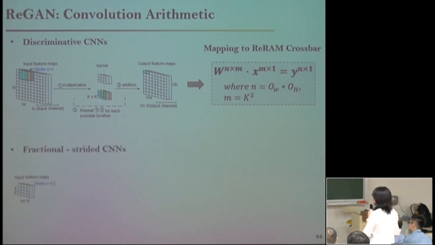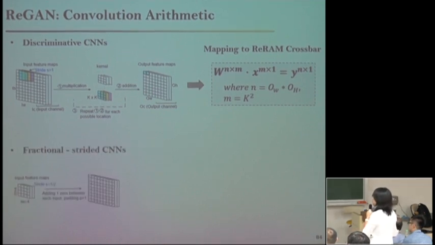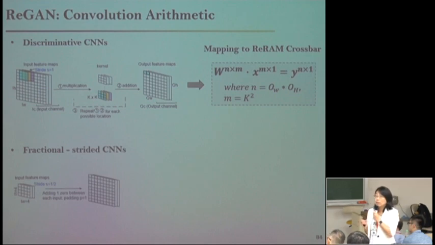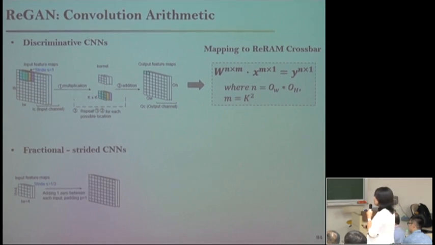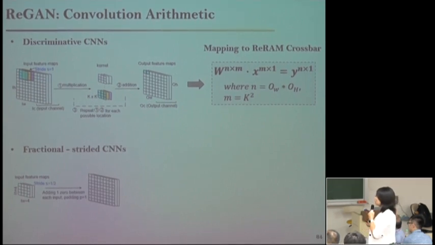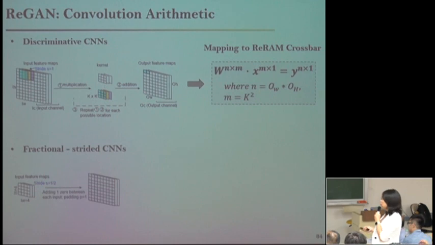Fractional structure CNNs can also be mapped onto crossbar arrays, because one assumption is that since computation on RM is so fast and low cost, we can extend using more hardware resources for it.